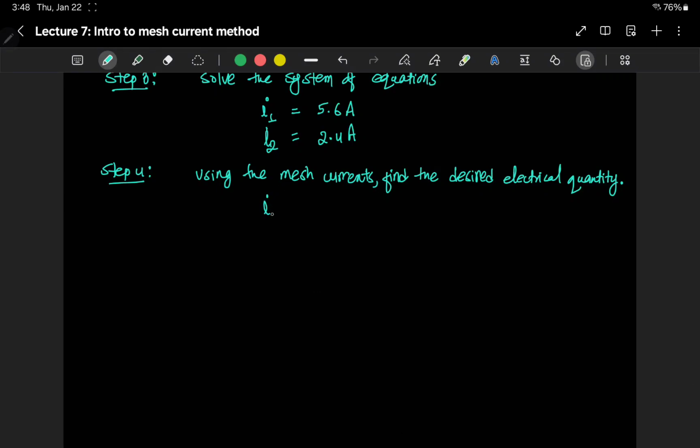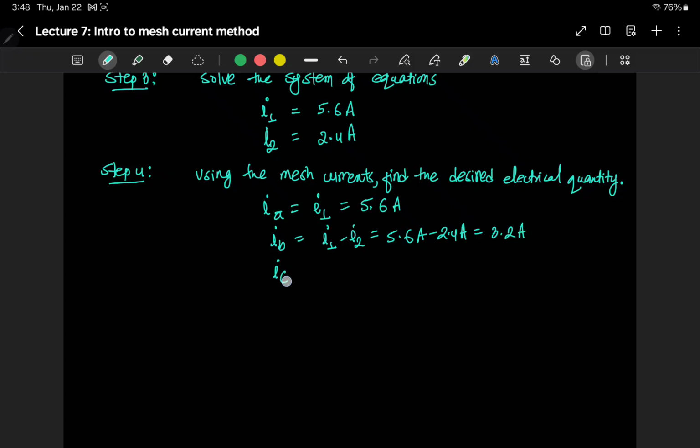So IA is I1, that is 5.6 ampere. IB was I1 minus I2, which is 5.6 ampere minus 2.4 ampere, equals 3.2 ampere.